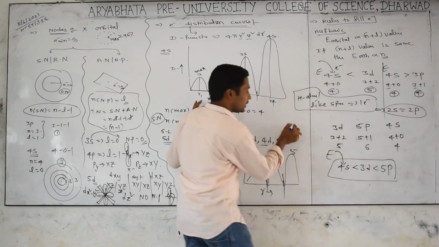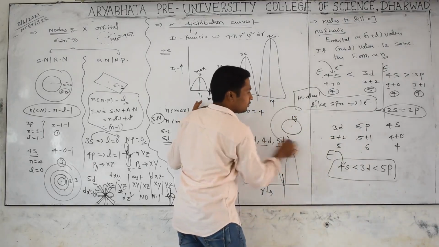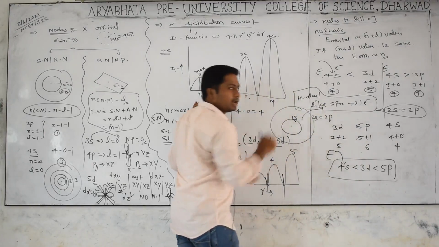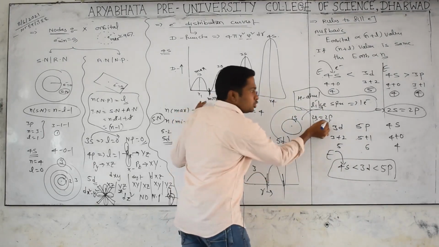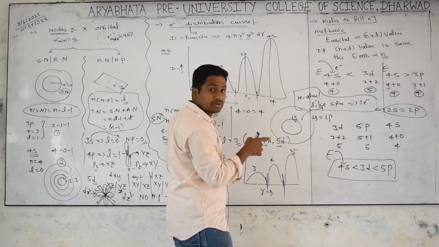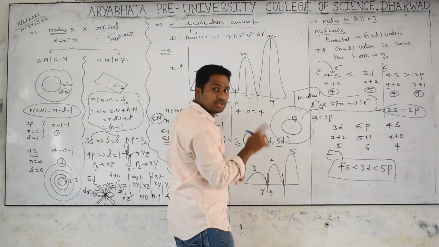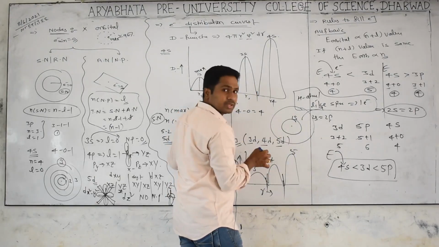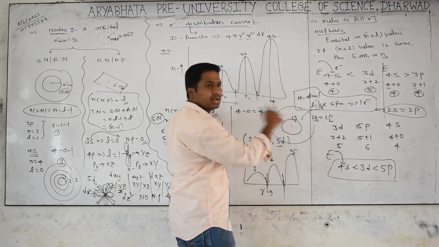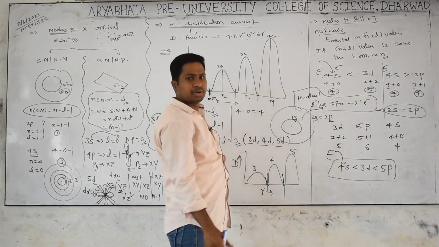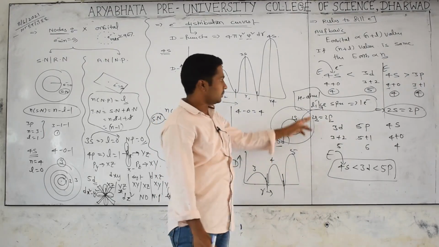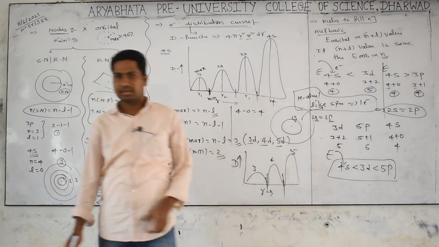So 1s will be there, and after that 2s and 2p both have the same energy in single-electron species. Actually 2p has more energy than 2s in multi-electron species, but in the hydrogen atom they have the same energy. Why? Because only one electron is there, so there is not much repulsion between s and p orbitals, and both have the same attraction with the nucleus. That's why we get the same energy, that is hydrogen-like species.